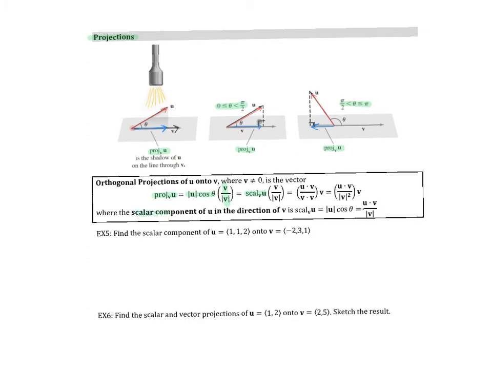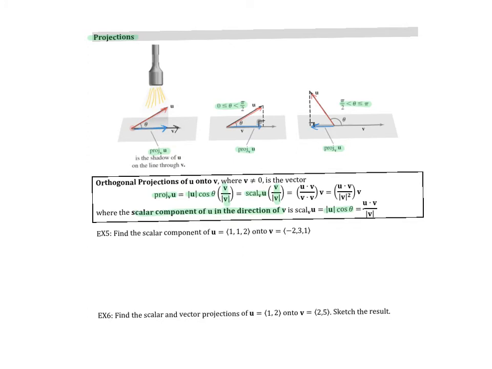It's going to be the scalar component of u in the direction of v, and it's going to be the magnitude of u times cosine of theta. It's actually a number. It's not a vector. Okay? So the scalar component is a number, and you would just multiply that by v divided by its magnitude.